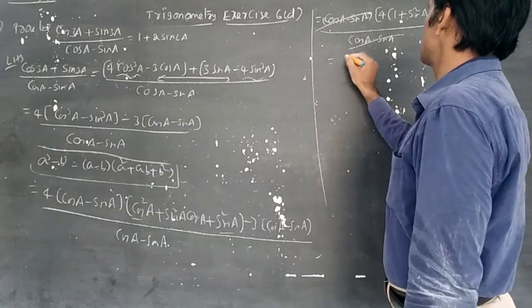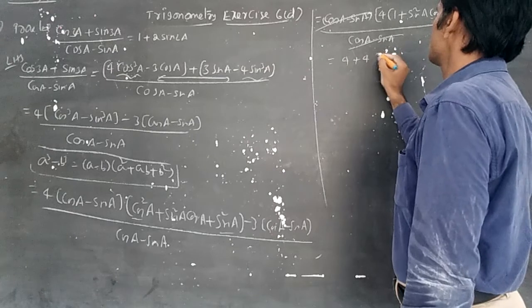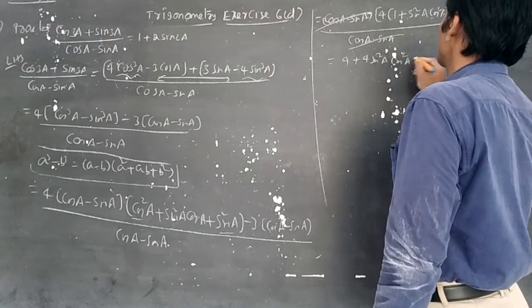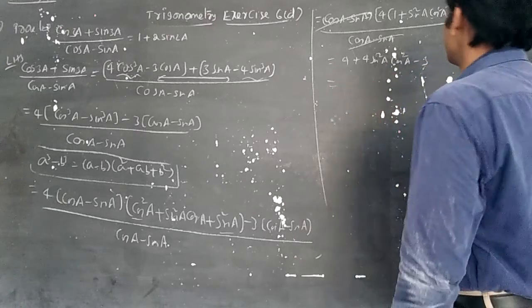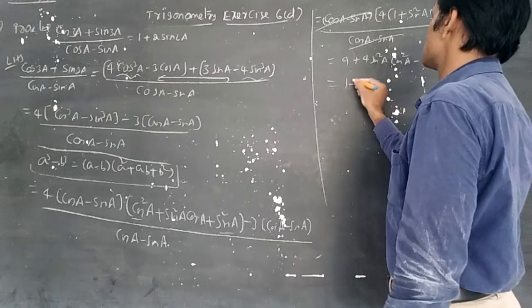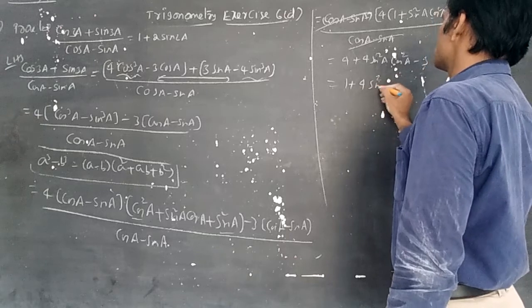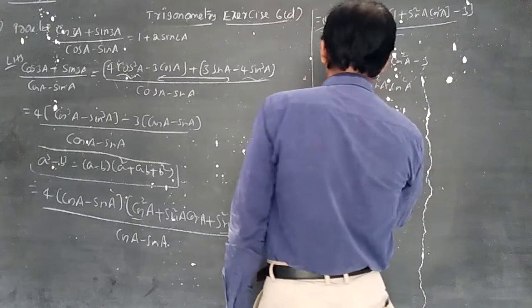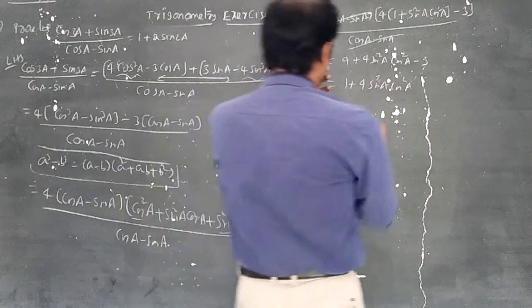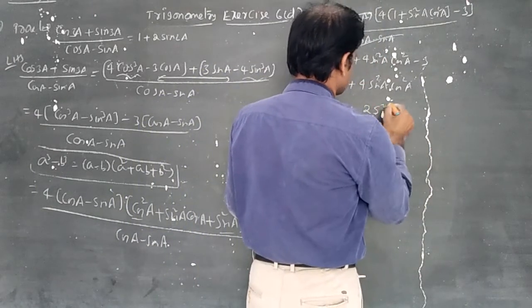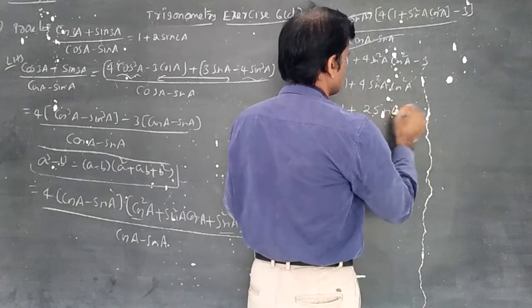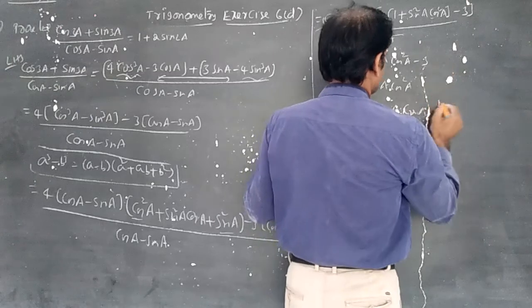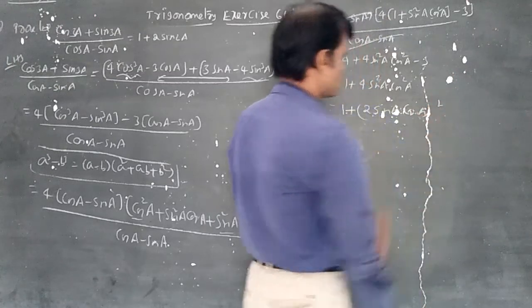That is equal to 4 plus 4 sin a cos a minus 3. 4 minus 3 becomes 1, plus 4 sin a cos a.